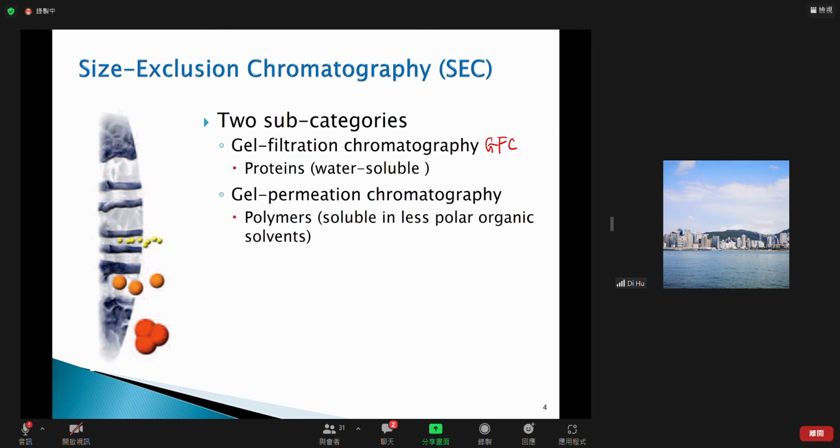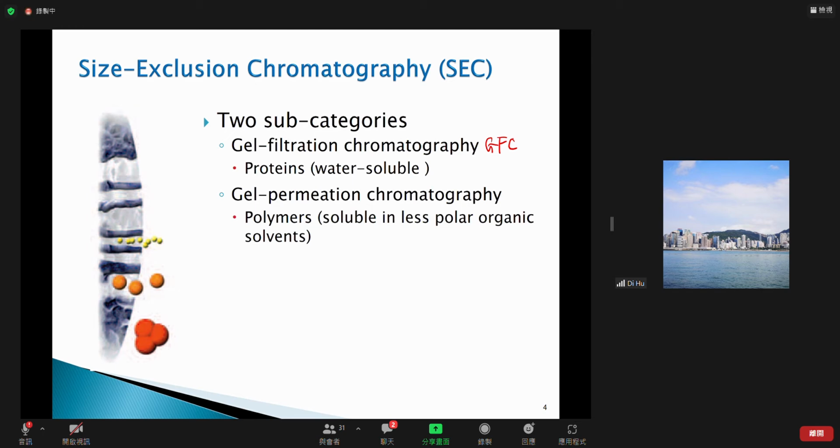One criterion for the mobile phase in SEC is that the analyte should be completely soluble in the mobile phase. Because here the mobile phase is not meant to create a distribution of the analyte between the mobile phase and the stationary phase.